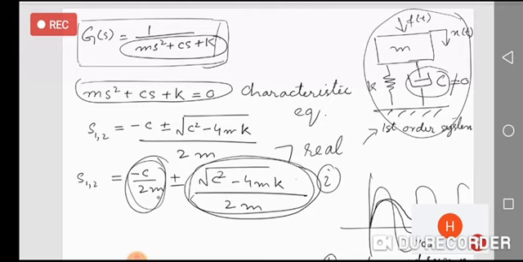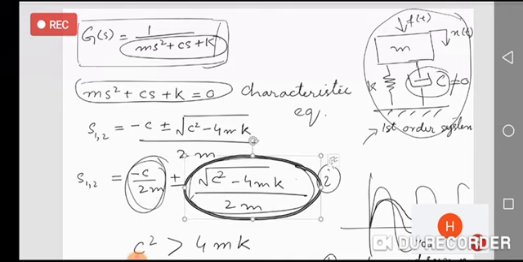When would this term be not equal to 0 and not contain iota value? कोई बता सकता है? Any student? When c square is greater than 4mk. Yes, when c square is greater than 4mk, then this will result in a non-imaginary value. ठीक है?